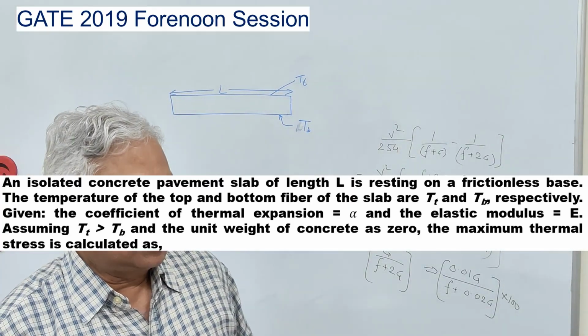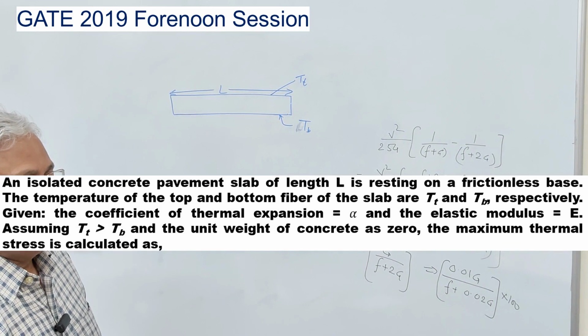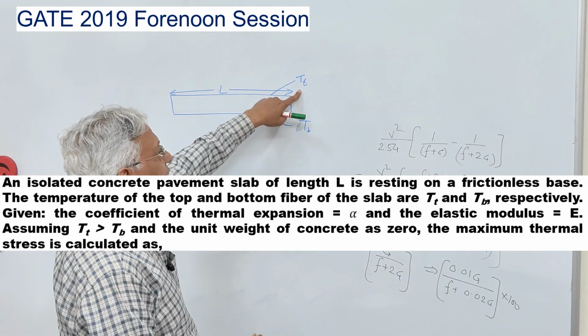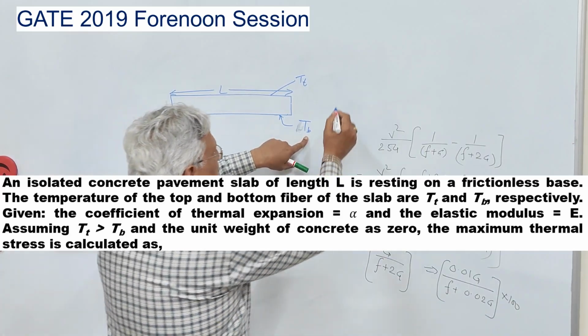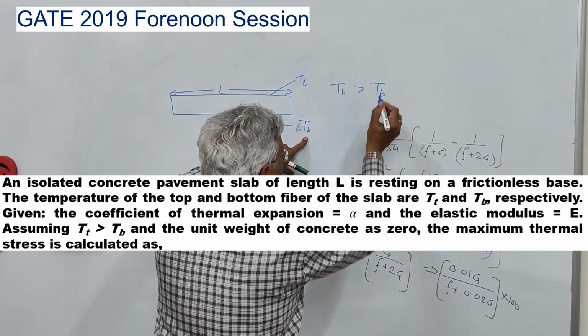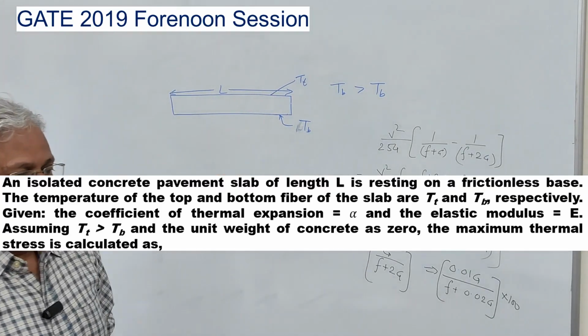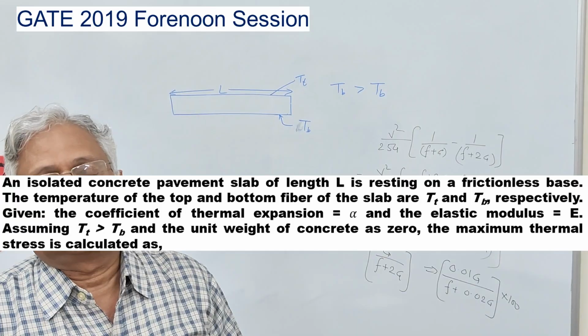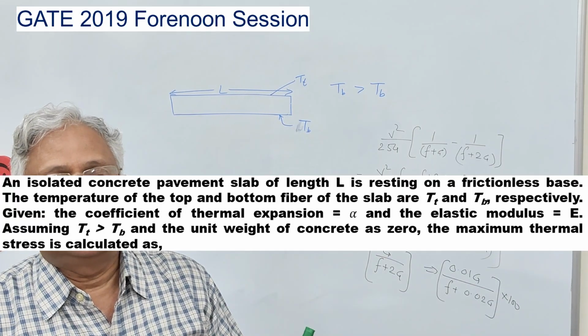Given that the coefficient of thermal expansion is alpha, the elastic modulus is E, and assuming that Tt is more than Tb, that is the top surface is hotter than the bottom surface, and the unit weight of concrete is 0, the maximum thermal stress is given by this equation.